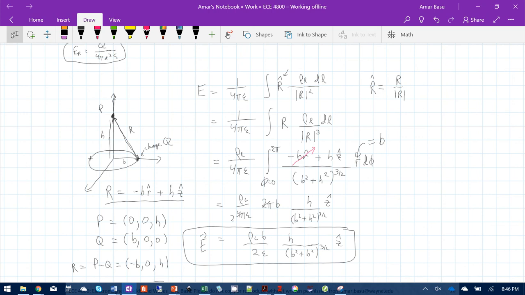That's really the most tricky part of that problem, finding that R. After that, it's just math.